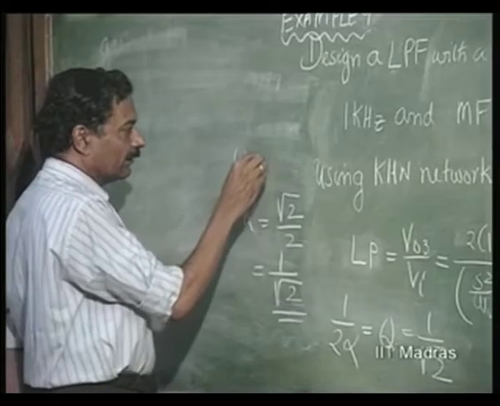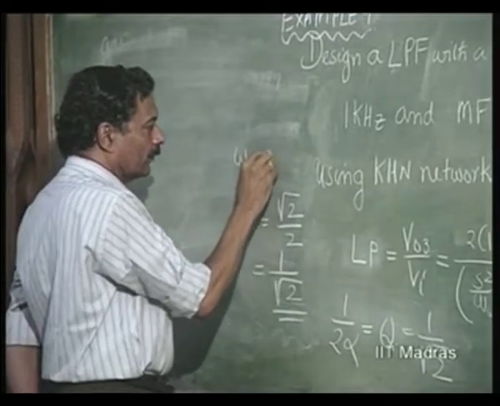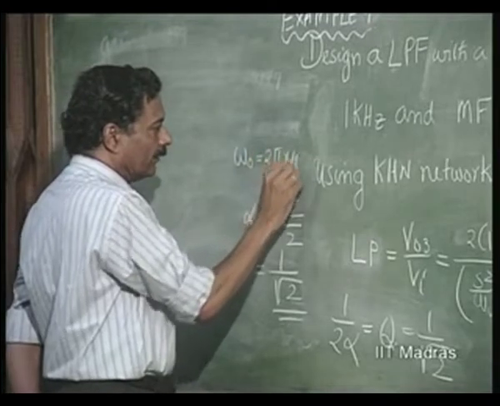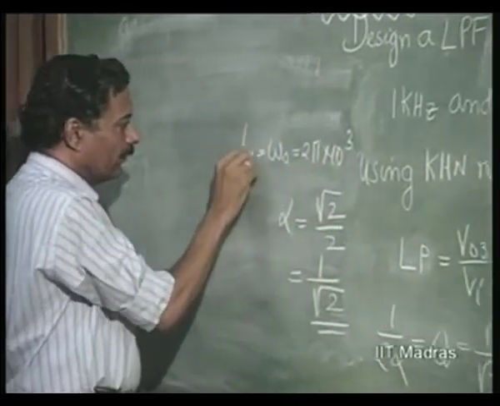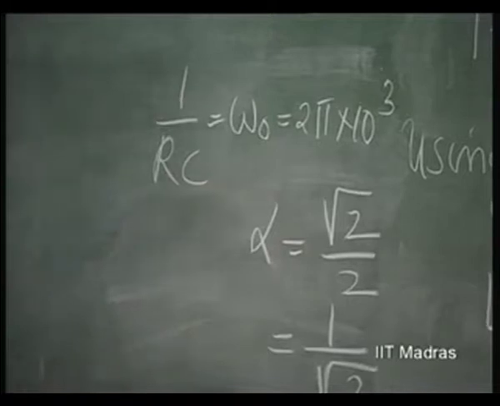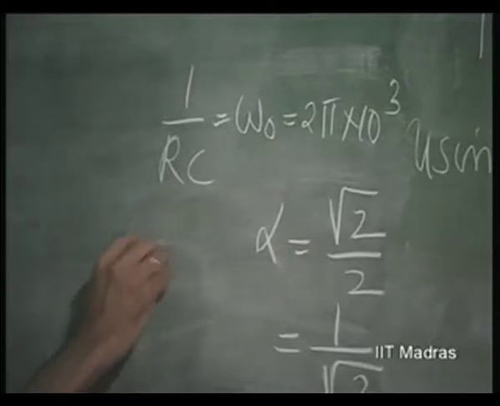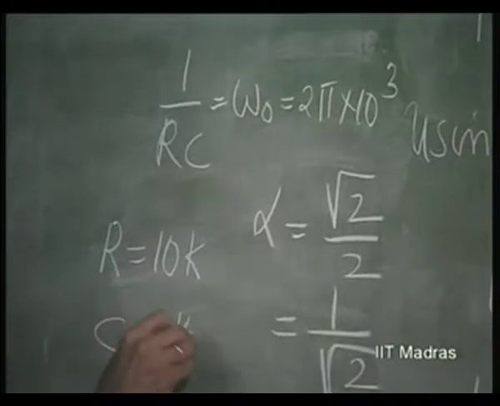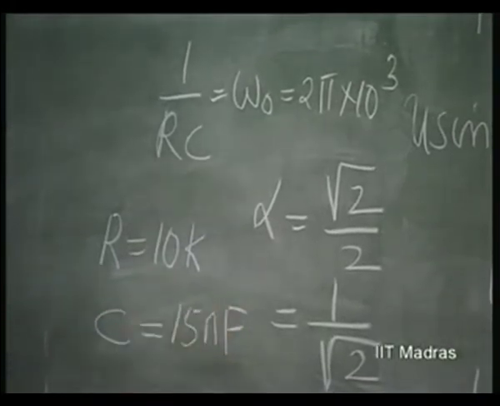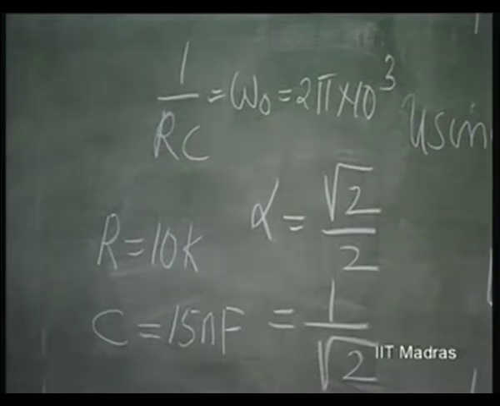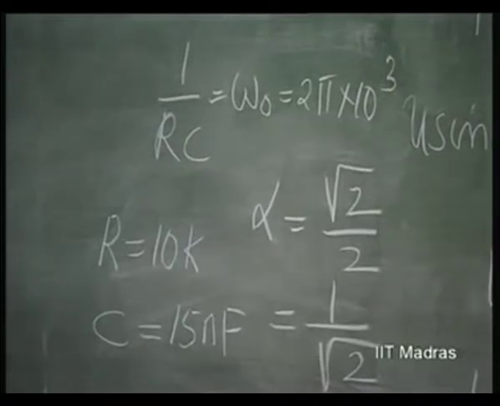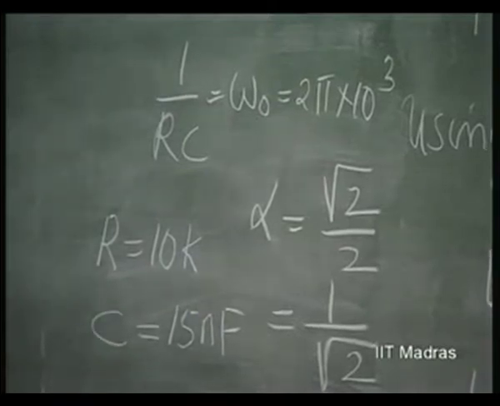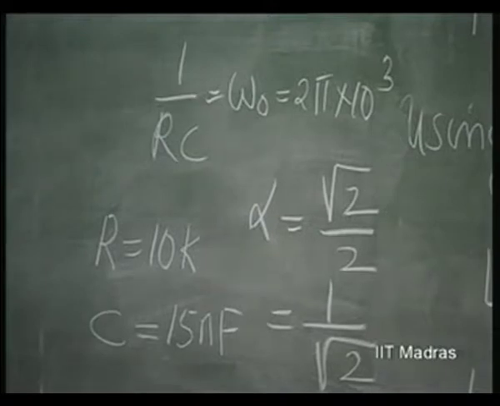Omega naught is equal to 2 pi into 10 to the power 3, which is 1 over R C. Again we can take the same value, R equal to 10 K will give me C equal to 15 nanofarads. I can make use of the same information that I had earlier taken, because the frequency remains the same, 15 nanofarads. So, that is the solution to a low pass filter. How will it look like?